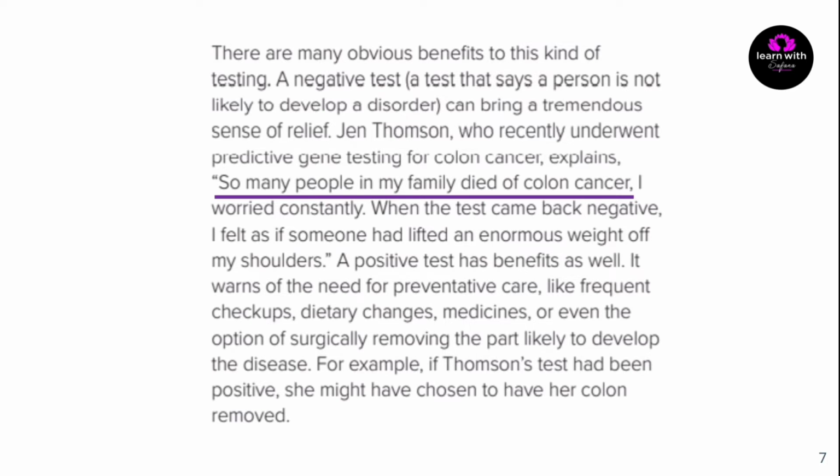A positive test has benefits as well. It warns of the need for preventative care, like frequent checkups, dietary changes, medicines, or even the option of surgically removing the part likely to develop the disease. For example, if Thompson's test had been positive, she might have chosen to have her colon removed.